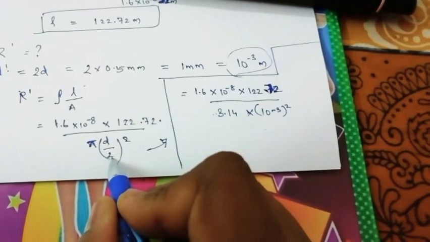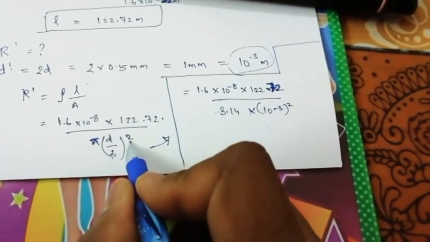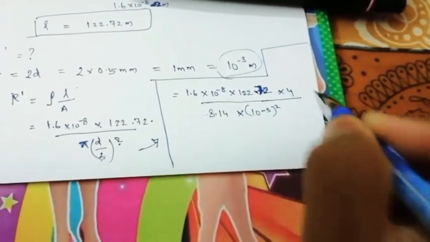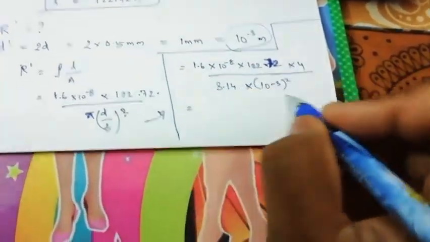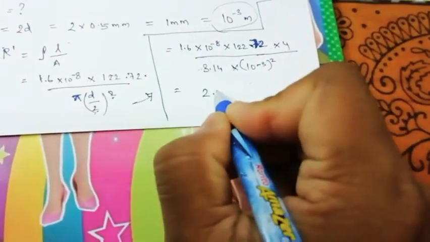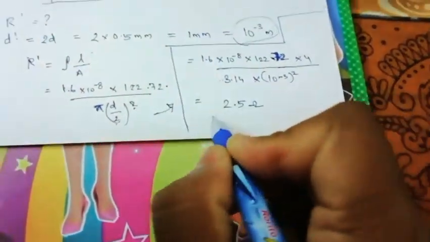Because of the square, this 2 becomes 4, so that goes on the top, right? If I put all these values and calculate it, I'll be getting 2.5 ohms.